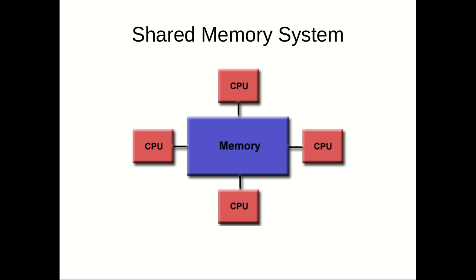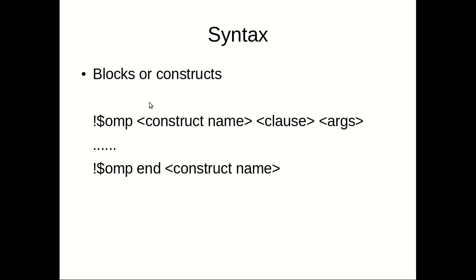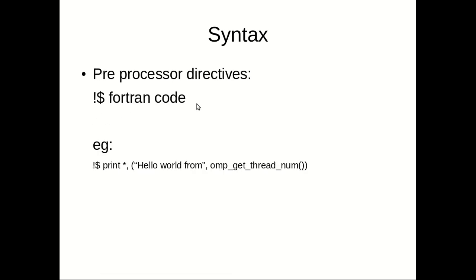So that's about it. Now let's look at the syntax for the preprocessor directives and the commands. The preprocessor directive is pretty simple. You just have to write a Fortran code like this. Just put the exclamation and dollar sign in the front, and that's it. That becomes a preprocessor directive.